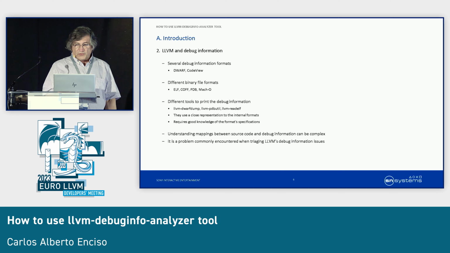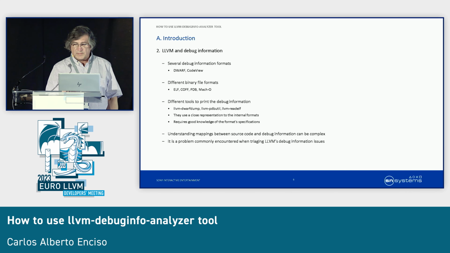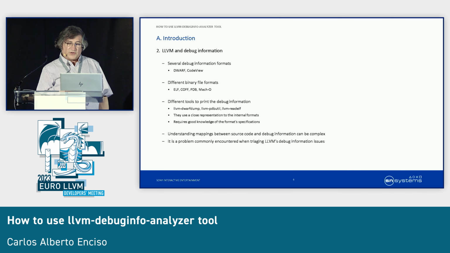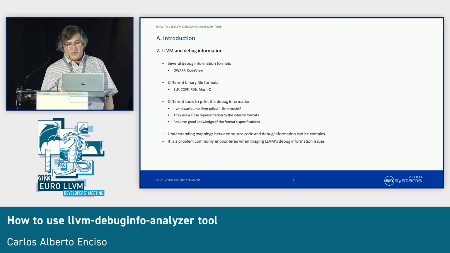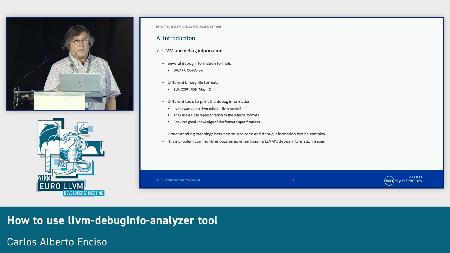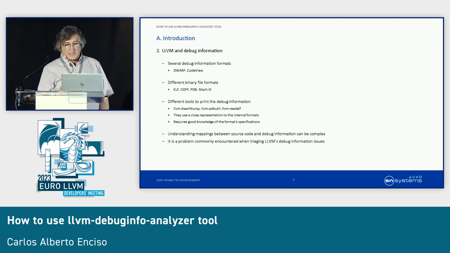And the output from tools such as dwarfdump, pdbutil, and readelf uses a close representation of the internal debuginfo and requires a good knowledge of these formats to understand their output. Plus, understanding the mappings between source code and debuginfo can be complex, and it's a common problem when triaging debuginfo issues.